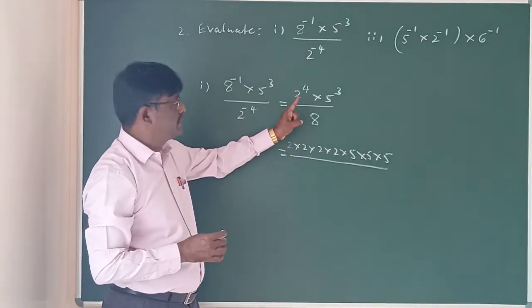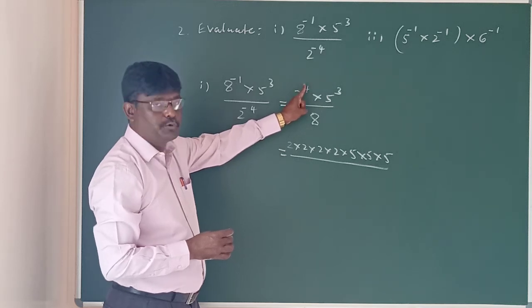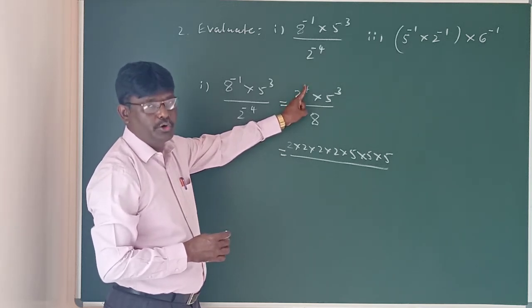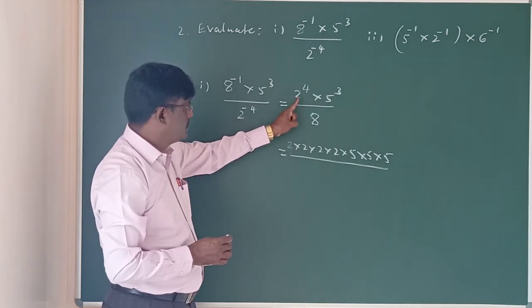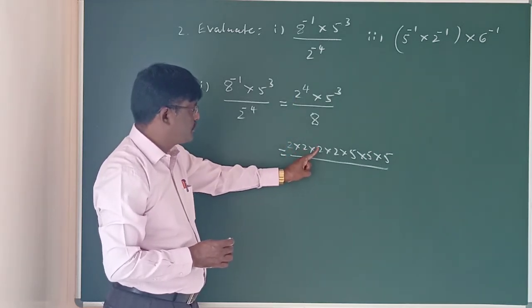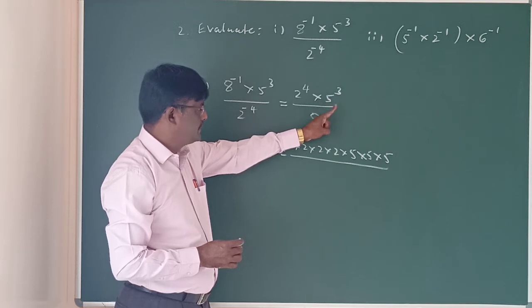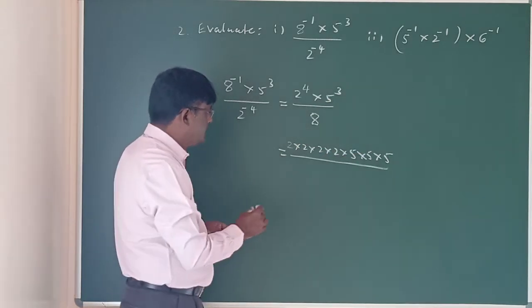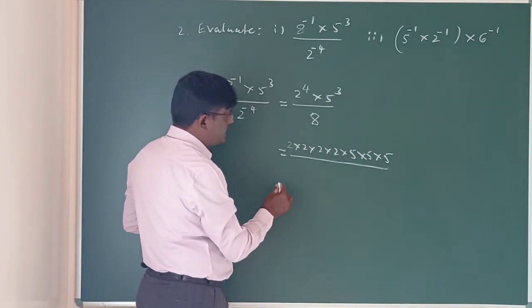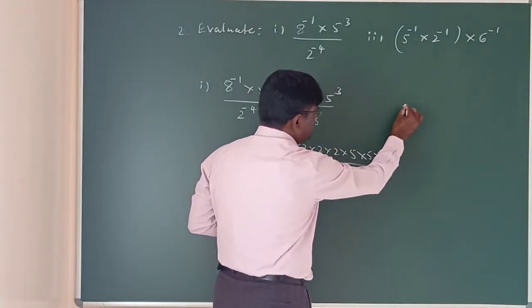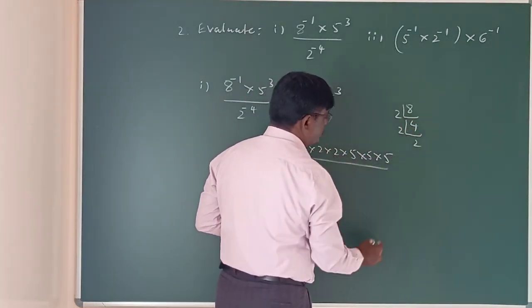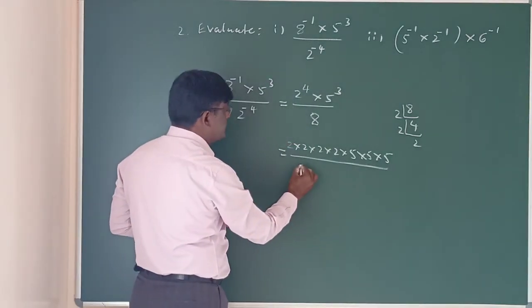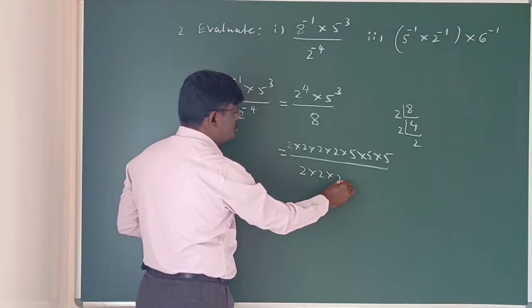Just it is expanded. Okay, 2 power 4. The exponent 4 indicates 2 how many times. Therefore, 2 is repeated 4 times. 5 repeated 3 times. 8 can be written as what? Let us factorize this. 2 4s are 8, 2 2s are 4, so 8 is 2 cube. That can be written 2 into 2 into 2.